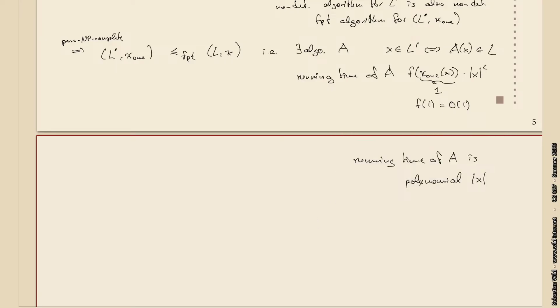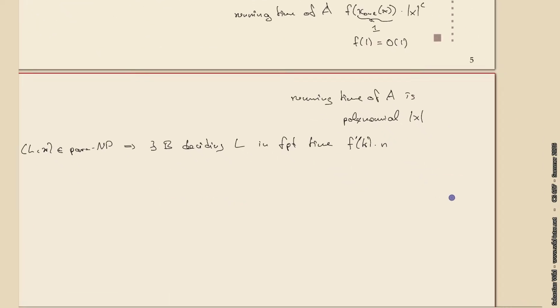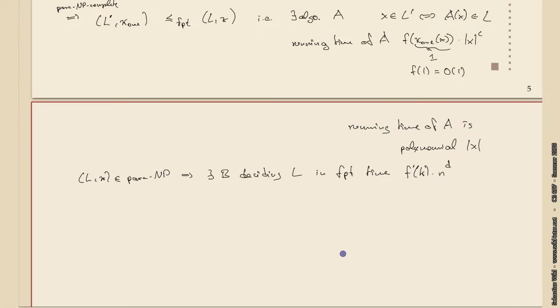So because L kappa is in para-NP, there's an algorithm B deciding L in FPT time, some function f prime of k times n to the c prime.